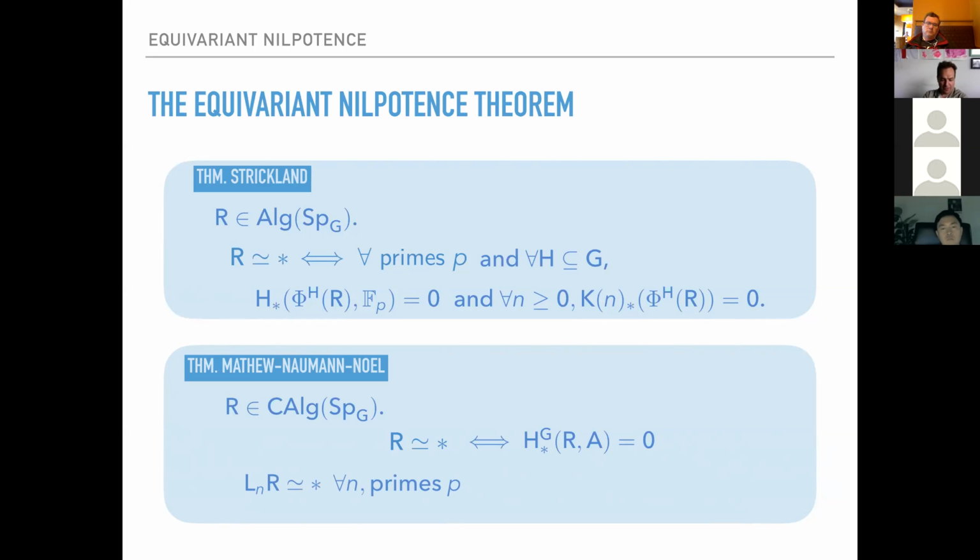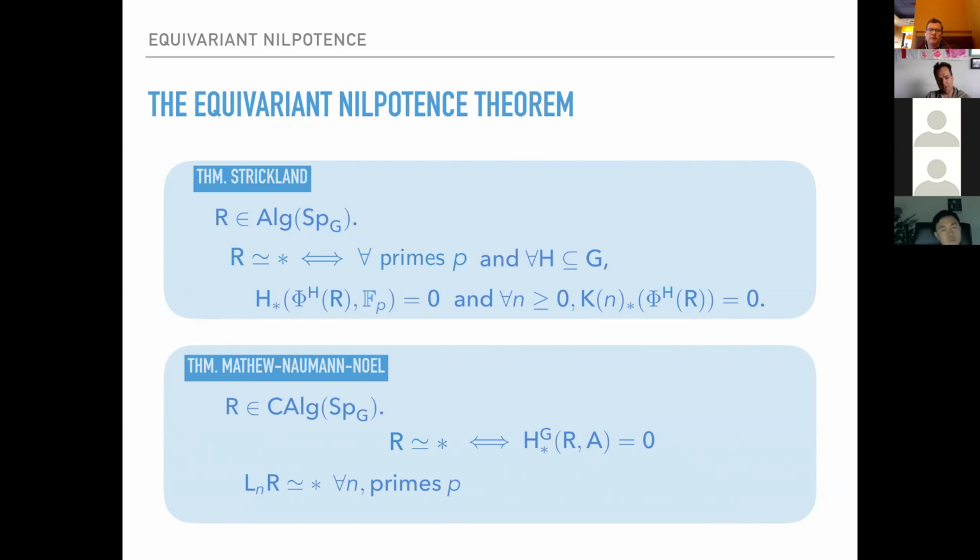There's also the rational version of our statement. So if I just want to know that the L_n localization of this ring spectrum is a point for all n and primes p, or maybe I should say what L_n R means. If you take the L_n local sphere in the non-equivariant setting, and then you just inflate to get a G spectrum, that we could call L_n S naught as well. And then L_n R is just given by smashing with L_n S naught.